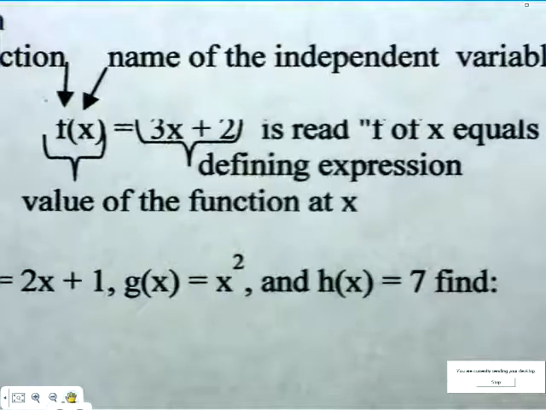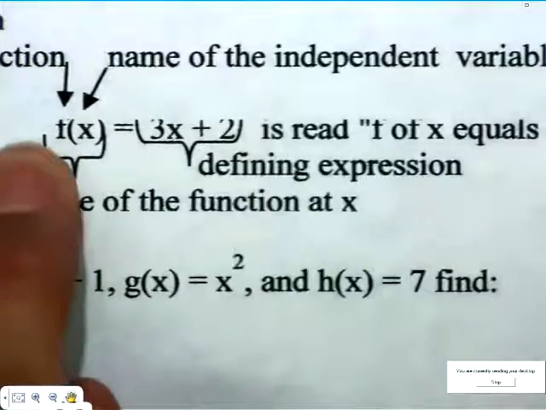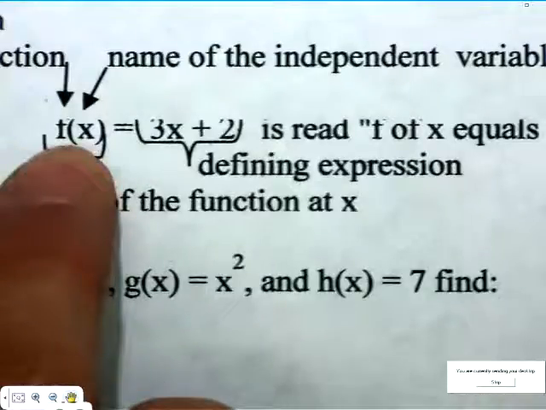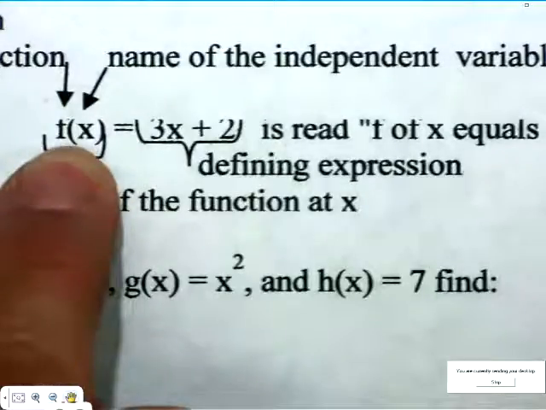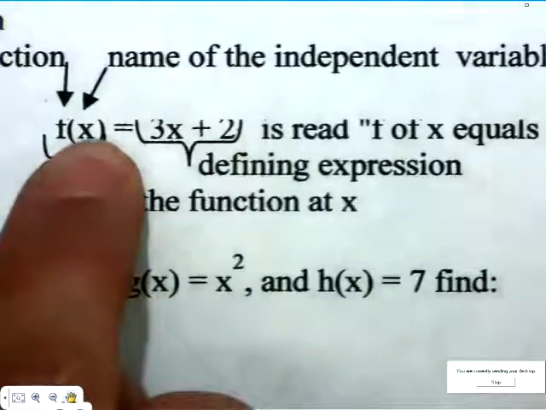So this is one of the only two times I can think of that one symbol can mean two different things. When you're talking about functions, that doesn't mean f times x. You can't solve for f by dividing both sides by x, because that doesn't mean multiplication. That's just the name of the function. f is the name of the function. x is the name of the independent variable.